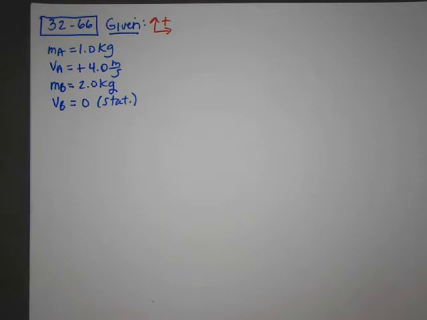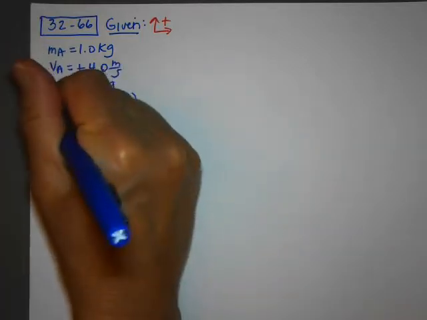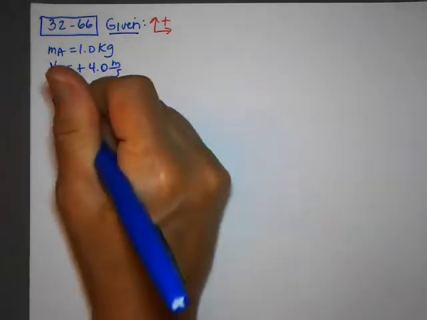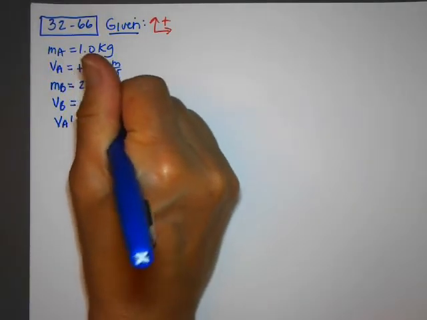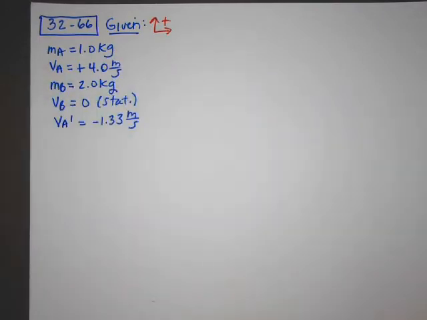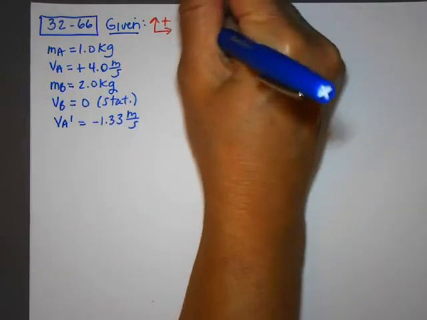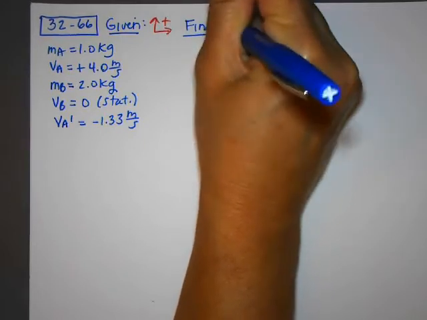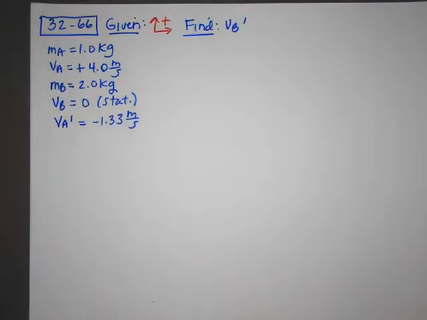Determine the speed of the 2 kilogram mass. So VA prime is equal to negative 1.33 meters per second, and we want to find VB prime.